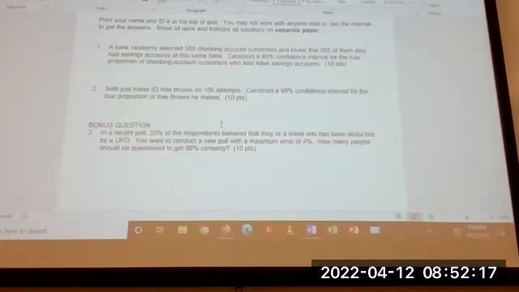And by the way, the 500 is supposed to be inside. Yeah, that's important, because people will make that mistake. So that's p hat, that's q hat, and therefore my error, I'm going to take that number and go plus or minus.